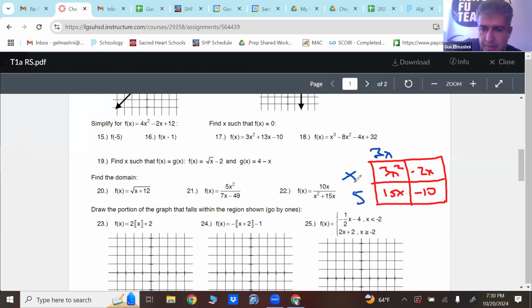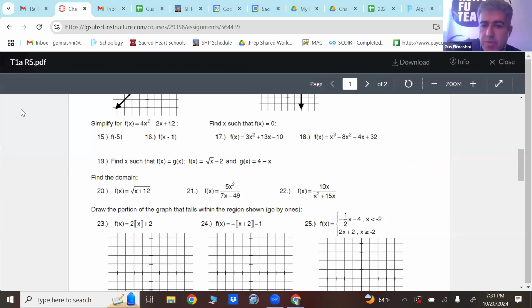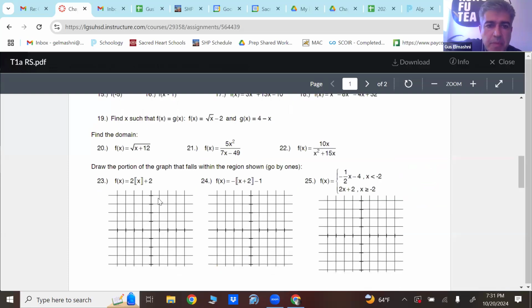Then this has to be 5 because 3x times 5 is 15x. And that's to be -2 because x times -2 is -2x, or 5 times -2 is -10, and voila, we have the answer. So you could go about that way also. And you'll have this video that you can review.